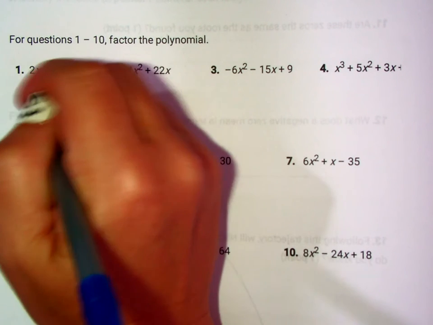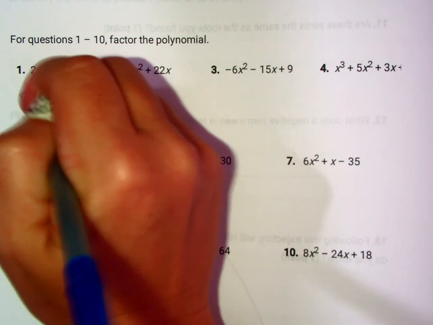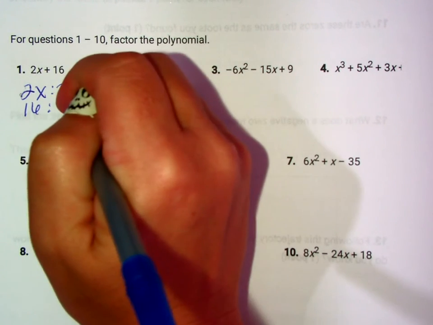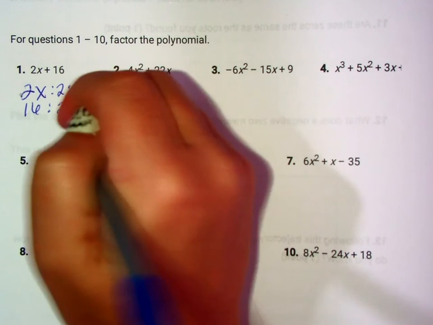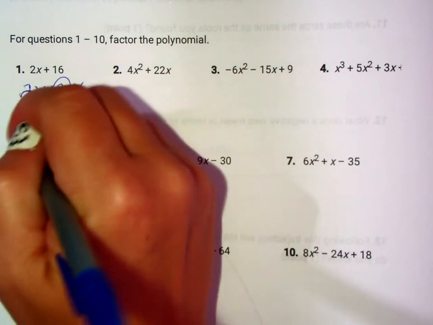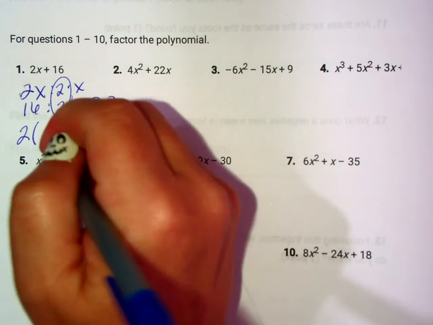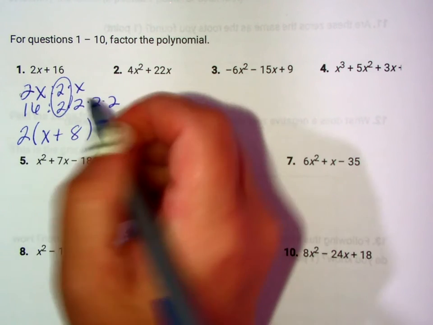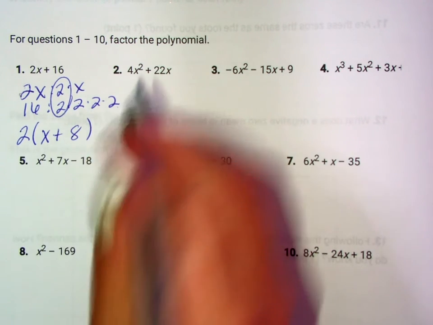All right, so looking between these two, we could break down these two terms, 2x and 16, into the smallest parts: 2 times x, and 2 times 2 times 2 times 2. There is a 2 in common. Left over is an x plus 8. Remember that we multiply out all those that are left.